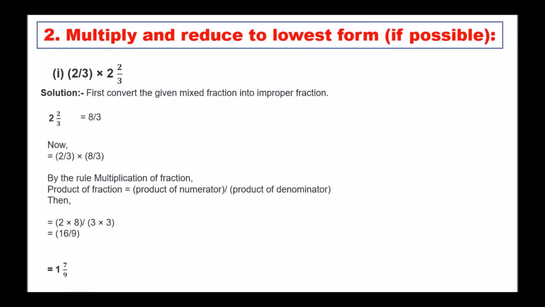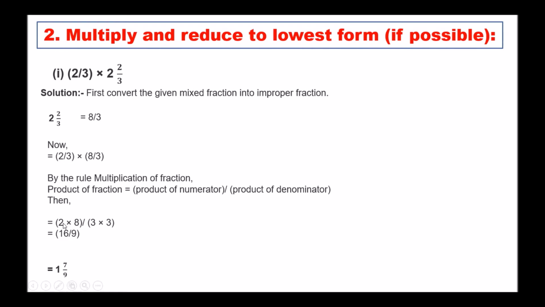Second question is multiply and reduce to the lowest form if possible. So 2 by 3 into 2 and 2 by 3. First we will convert this 2 and 2 by 3 into improper fraction. So 2 and 2 by 3 is 8 upon 3. Now we will multiply 2 by 3 and 8 by 3. So same rule of multiplication of fraction we will use. The formula is the product of fraction equals to product of numerator divided by product of denominator.